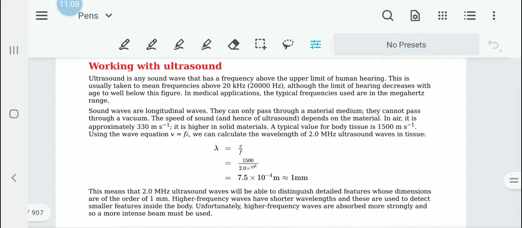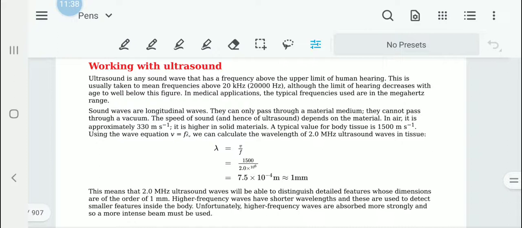Now we usually use the megahertz range of frequencies to create the ultrasound image.